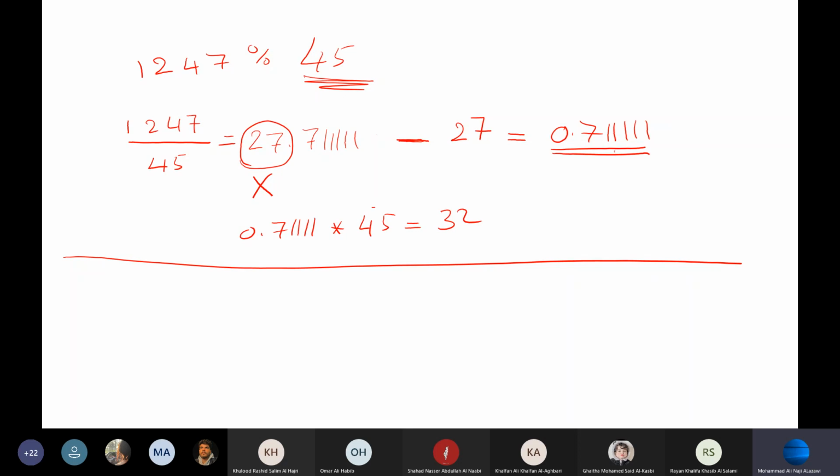This is if the number is very large. The same thing with small numbers. If I say 14 mod 4, okay?